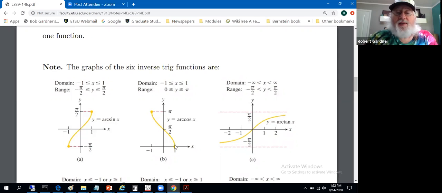Cosine inverse looks like this. It's half of a wave. Both of these are halves of waves of sine and cosine. The convention is, in all of this, we want all 6 inverse trig functions to include the acute angles. We want to get out of them the angles between 0 and pi halves.